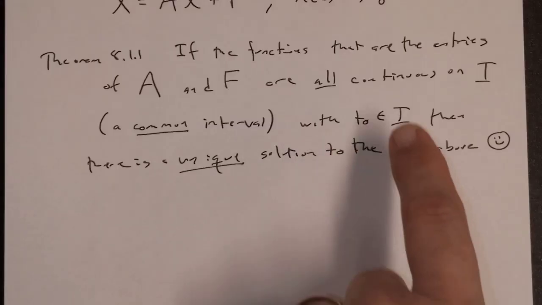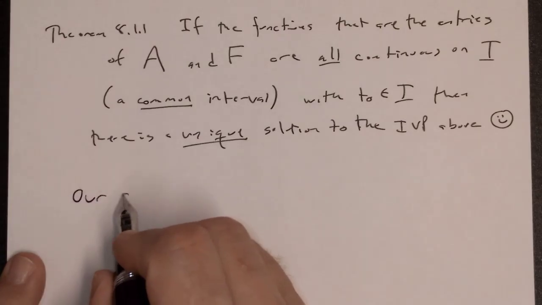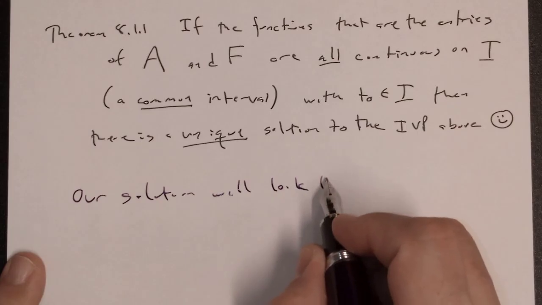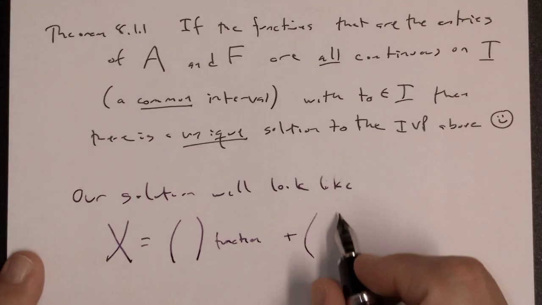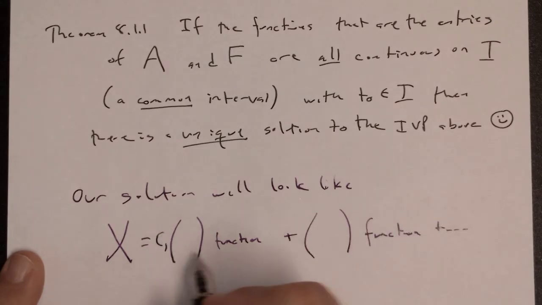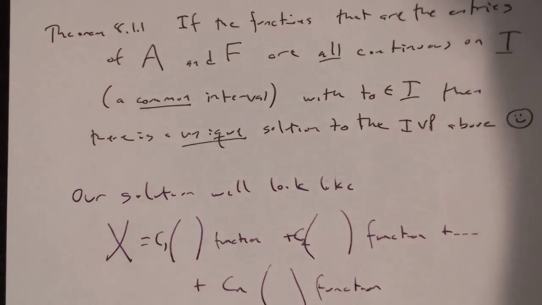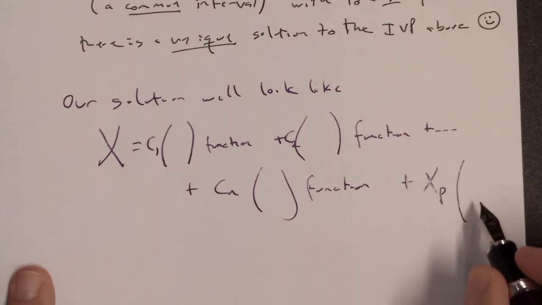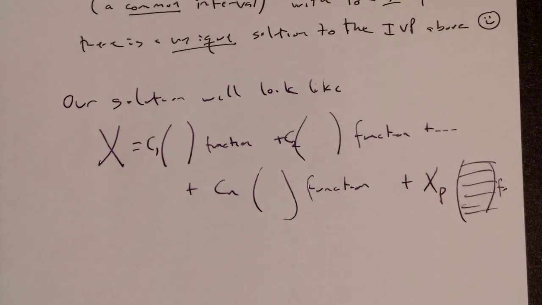If I have a non-homogeneous system, I'm going to have to find a particular solution, which means when I go to solve these things, I'm going to end up with something that looks like this. I'm going to get C1 times some vector times a function of t.